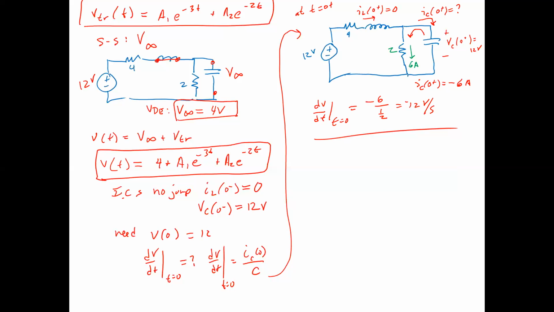Okay, so now we have everything for our boundary conditions. We know that v of t equals 4 plus a1 e to the minus 3t plus a2 e to the minus 2t. We know that v of 0 is going to equal 4 plus a1 plus a2, and it has to equal 12.